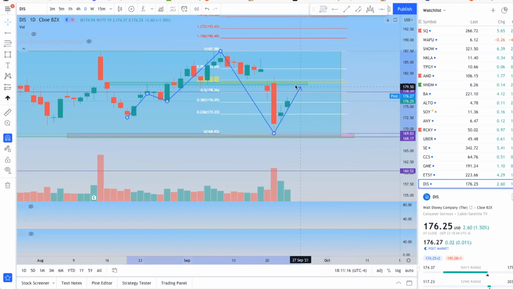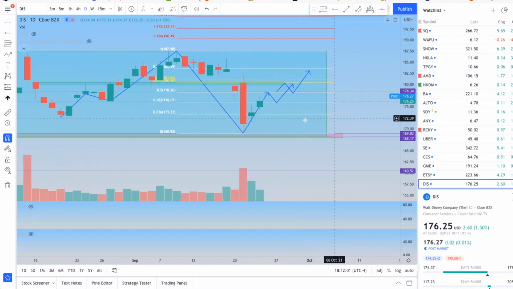So I would actually change that, no, let's just do it this way. You can screenshot that.